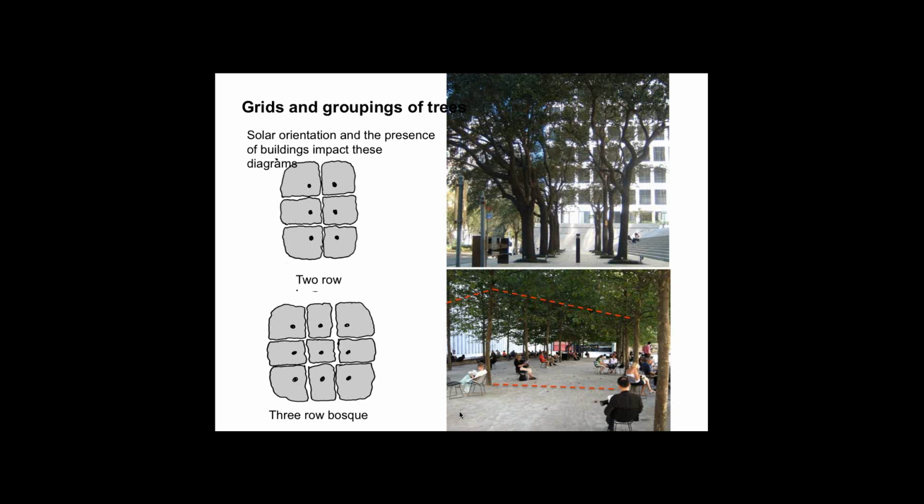By the time we get to 3 rows, the center row, as you can see, that center tree in that 3-row bosque gets almost no light anywhere. So it becomes a very, very small tree, where the perimeter trees become much larger.